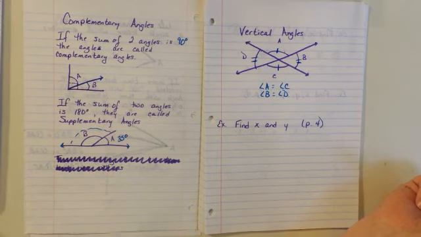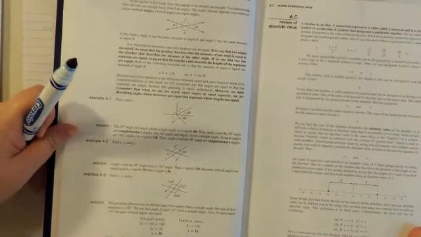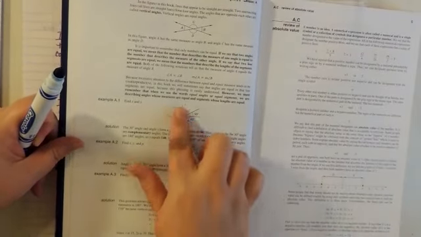Okay, here's an example. We're going to need page number 4, where we find this figure right here. Okay, we need to find X and we need to find Y. We can see this angle is 30 degrees and this angle is 40 degrees.